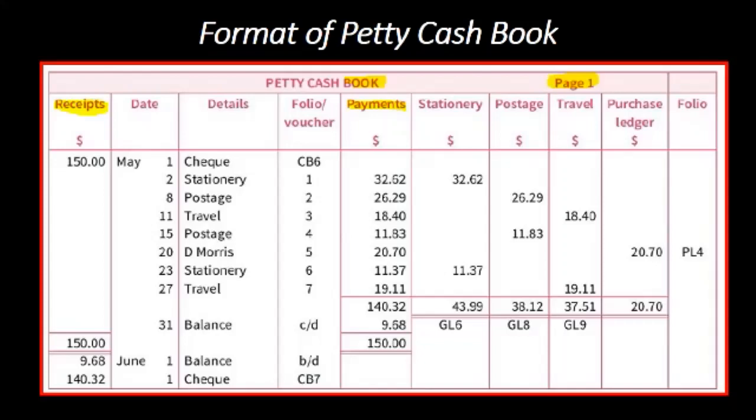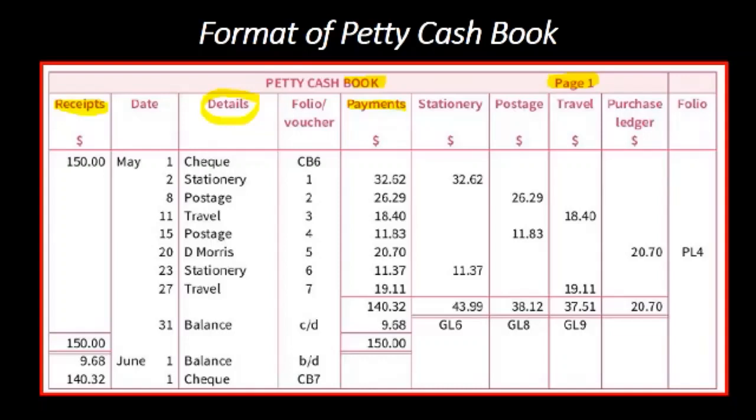The difference is it only has one details column that both sides of the book utilize. So the payments and the receipts, both of them use the details column here.